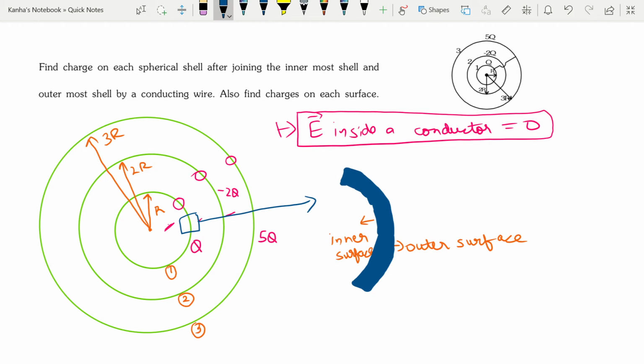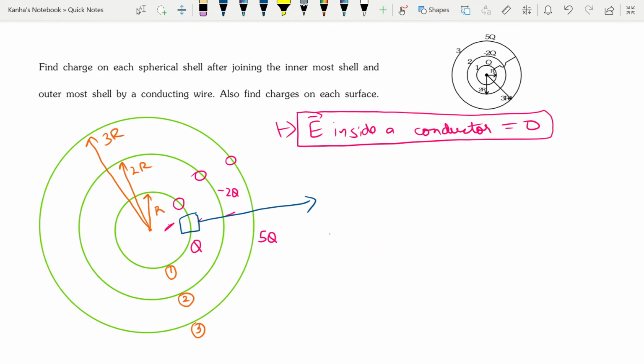This will become very essential when we try to find the charges on each surface, so just remember this concept in your mind. Let's start looking at the question, and then we'll look at things as they become relevant.